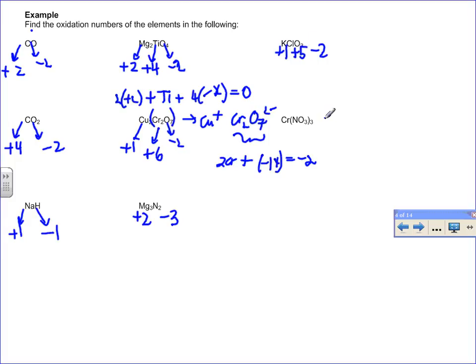In this particular one, the only one that's given is oxygen, so if I split it up into its ions, I can see that the chromium's oxidation state is +3. Oxygen is -2, and nitrogen in this case is +5.